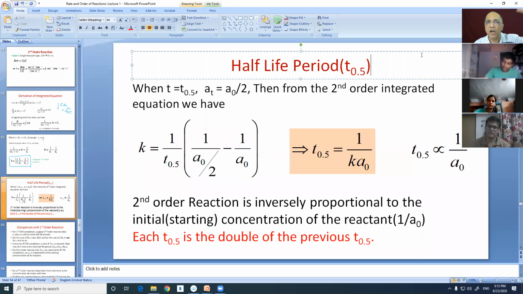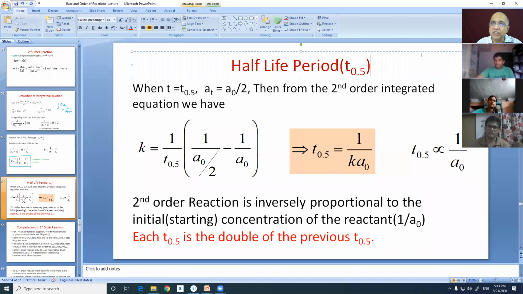So from 100 to 50, supposing the initial half-life period is t.5, 20 minutes, say I give you 20 minutes. Then the next 50%, that means to have 25% remaining, 75% gone, 20 into 2, 40 minutes will go. So total 40 plus 20, 60 minutes will be gone for the 75% completion.